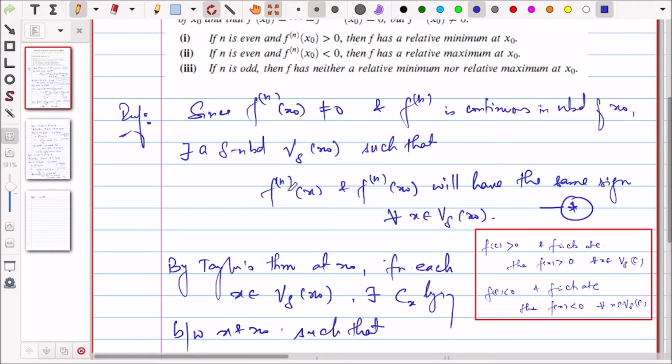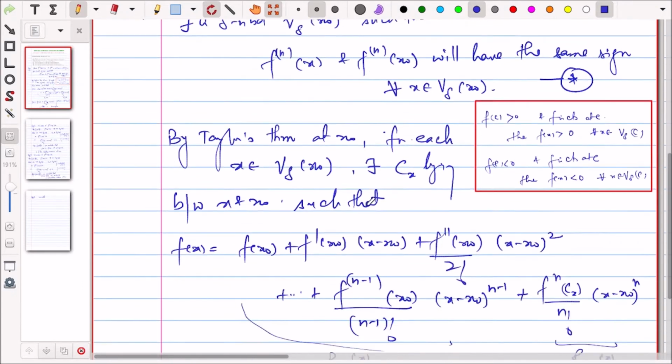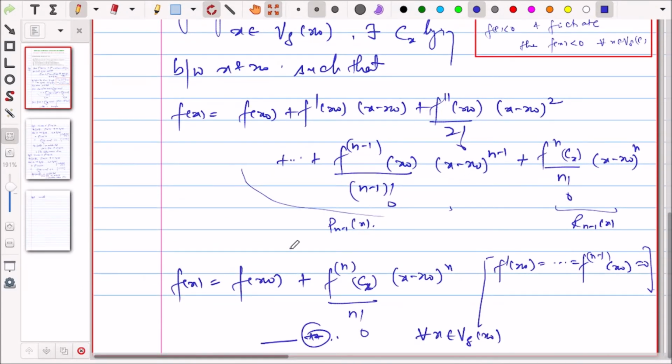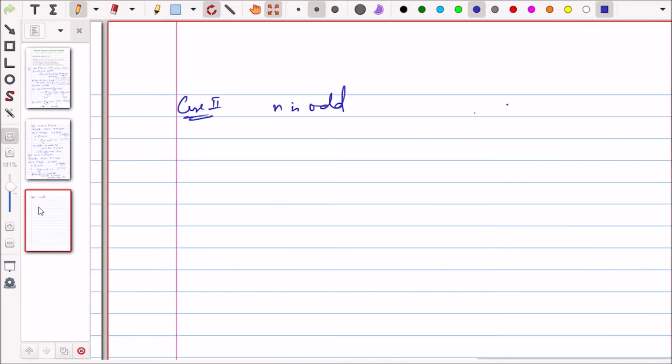So either it is positive or it is negative. Okay? So whatever the sign of that is, this thing is either positive or negative, but this term itself changes sign because if you have x greater than x naught, since n is odd, for x greater than x naught this will be positive, so it will depend on its sign. If x is less than x naught, then this will be negative.